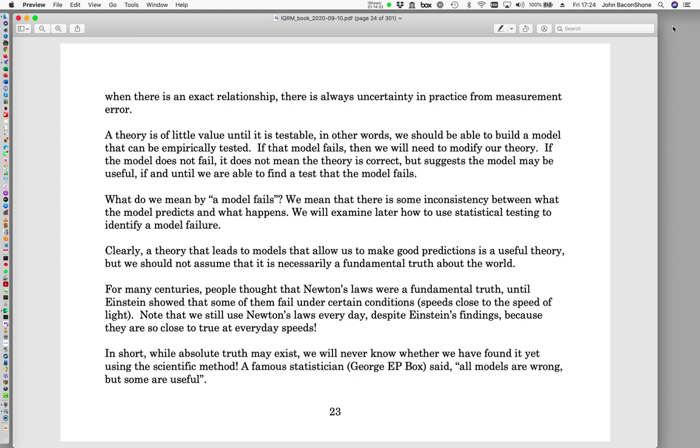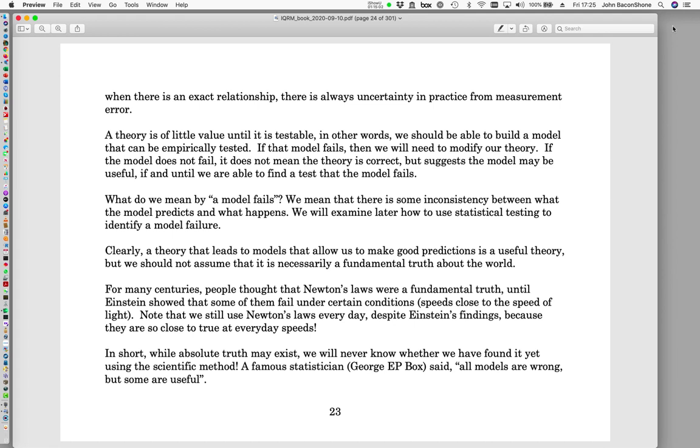It suggests the model may be useful if and until we're able to find a test that the model fails. So of course that begs the question, what do we mean by a model fails. We mean that there is some inconsistency between what the model predicts and what happens. So we will examine later on how to use statistical testing to identify a model failure.